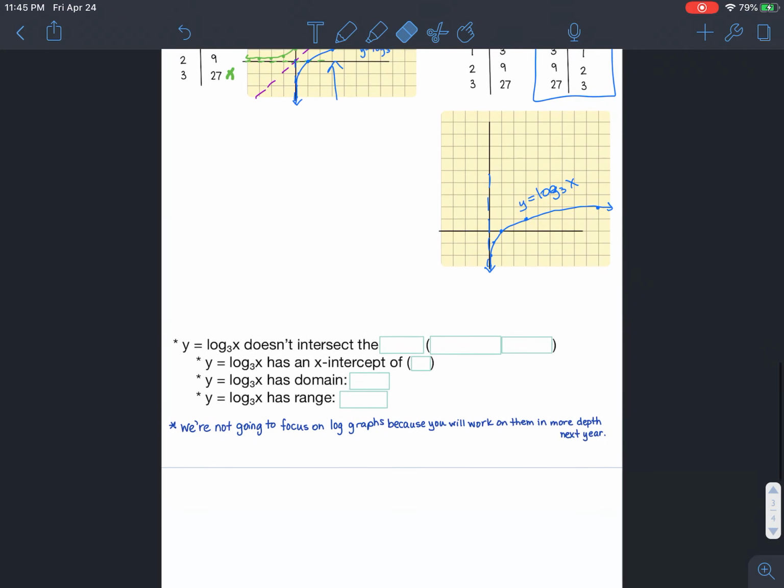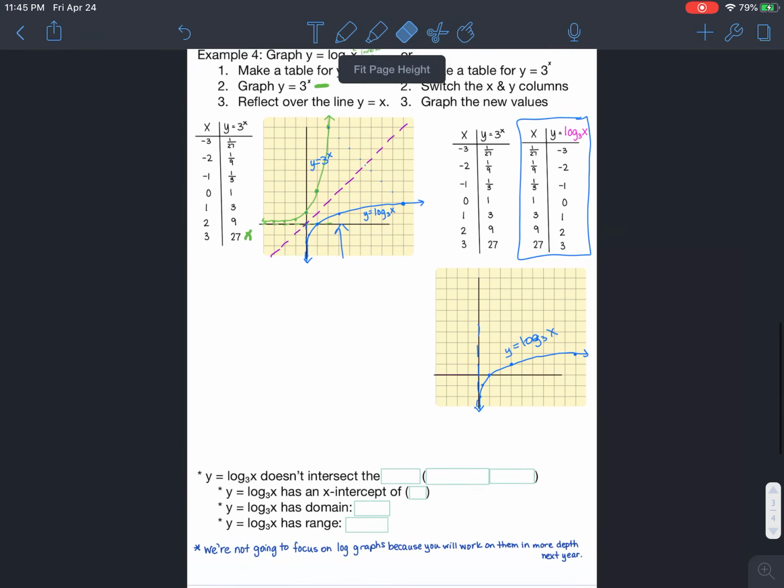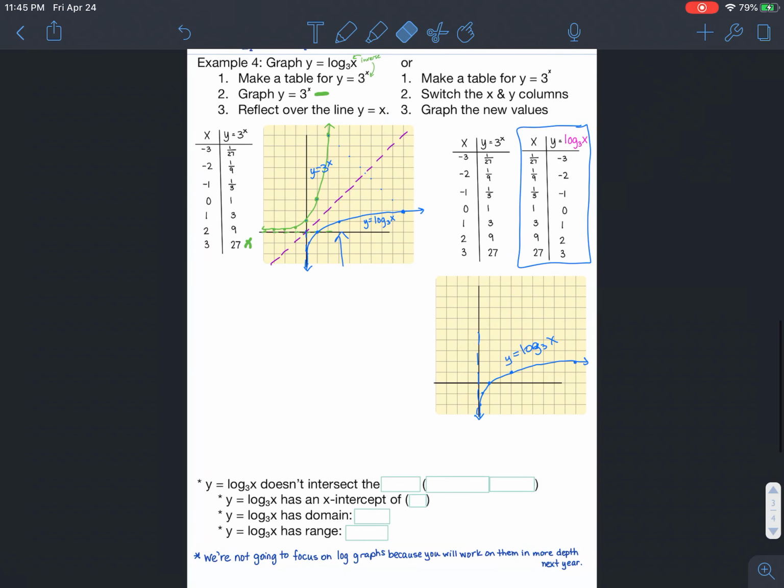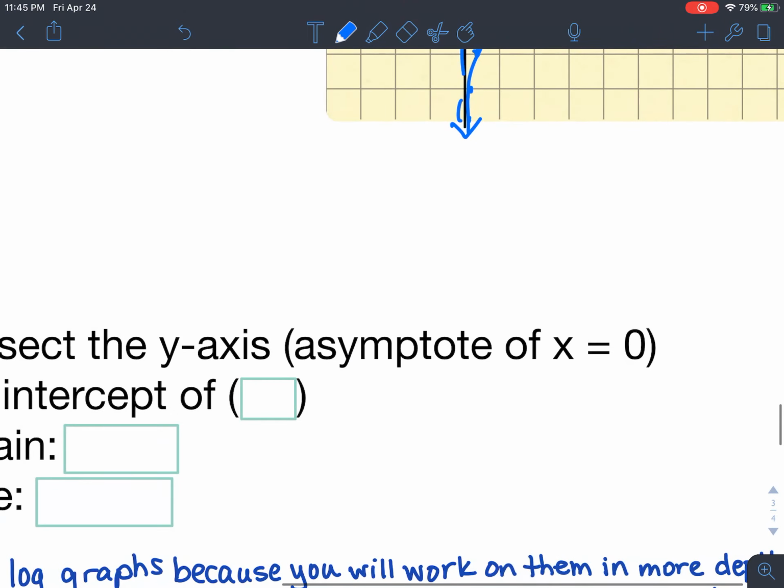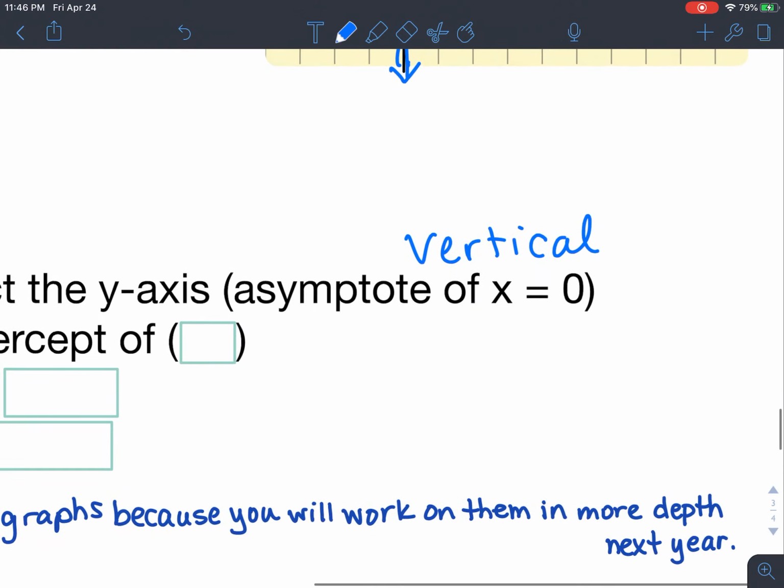Okay, so let's take some notes about what we found about the log graphs. So y equals log base 3 of x doesn't intersect the y-axis. So it has an asymptote of x equals 0. So that's a vertical asymptote.